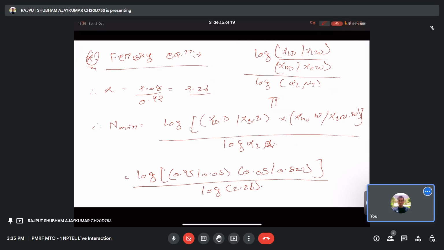Okay, so this is x actually, not alpha, it's just x of hd.